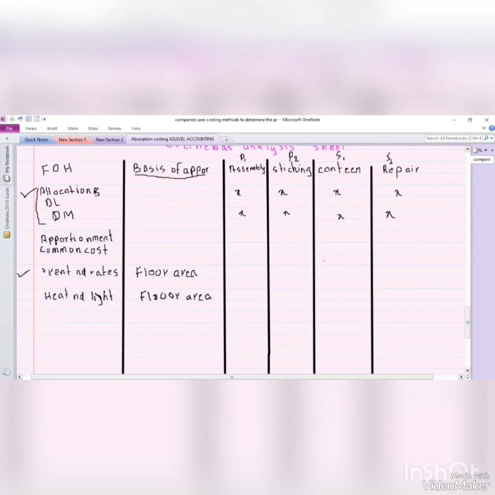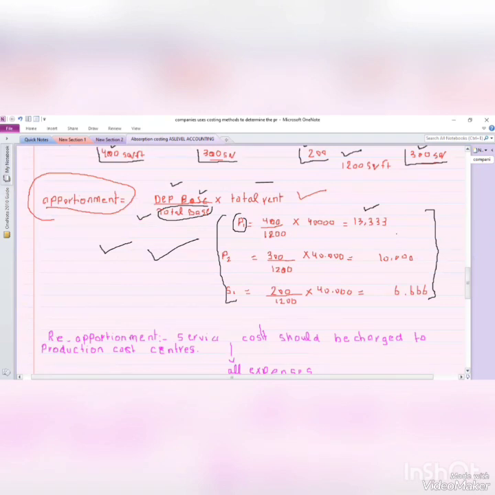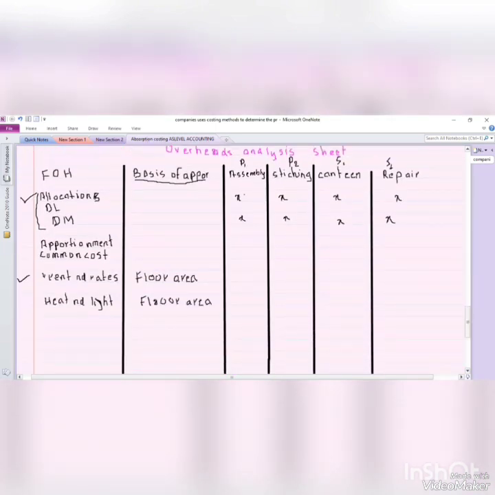We just do this calculation. By doing this calculation, we will come to know how much rent the assembly department should pay, how much the stitching department should pay, and the same goes for canteen and repair.